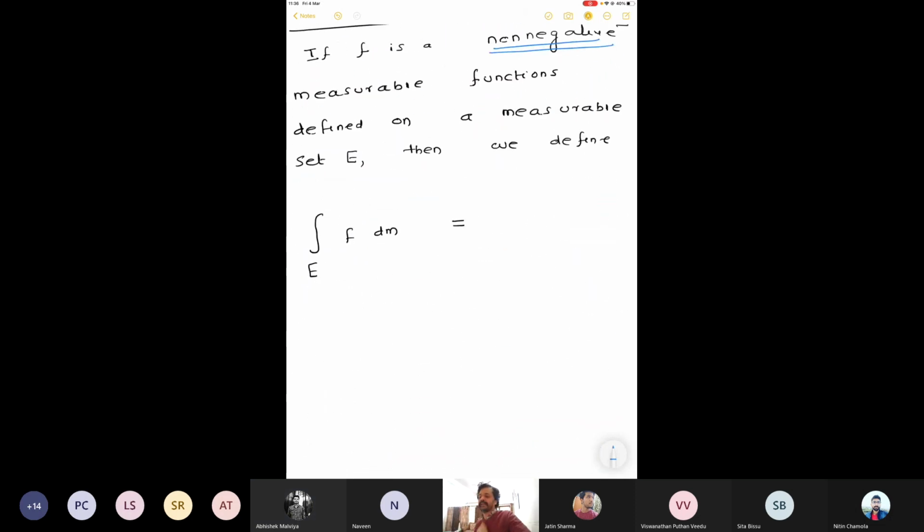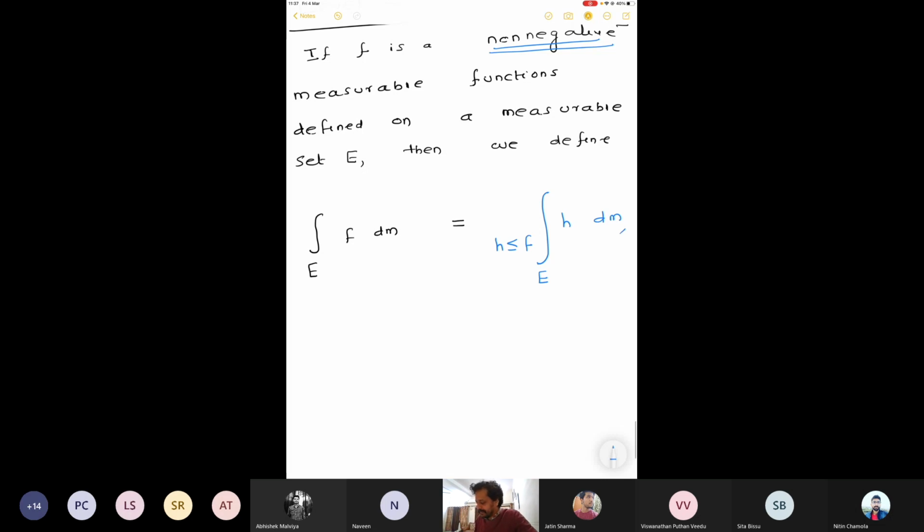So integral over E f dm, I will define as integral over E h dm. So I am estimating via h, and then I will make this estimate better and better. But before doing that, can you guess what this h would be? A bounded measurable function h, where h is less than or equal to f.